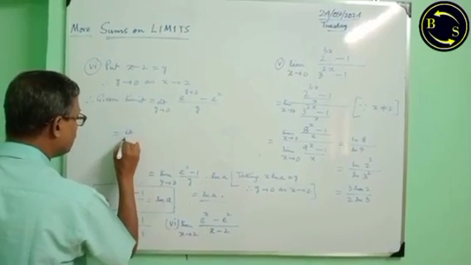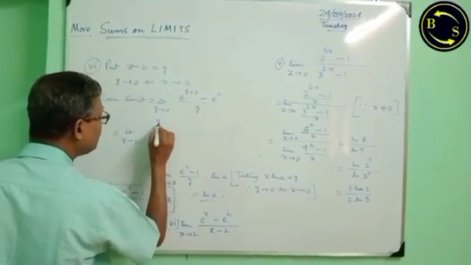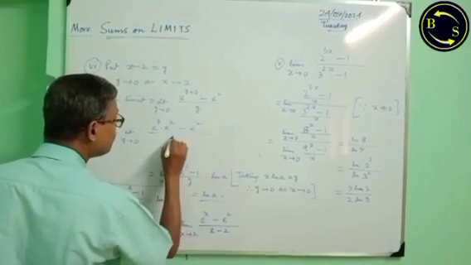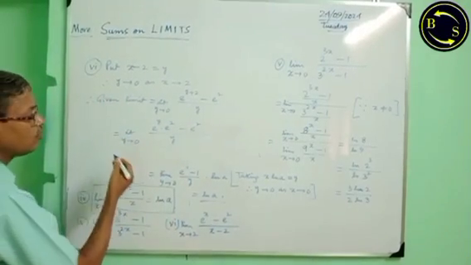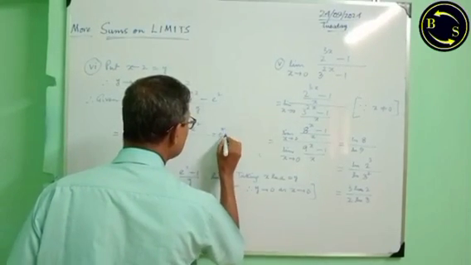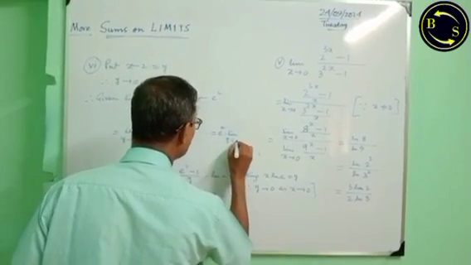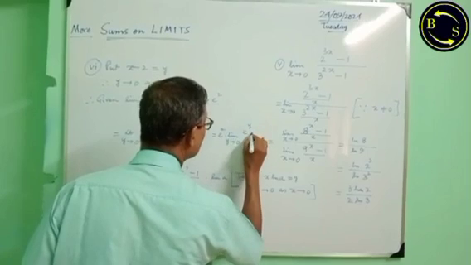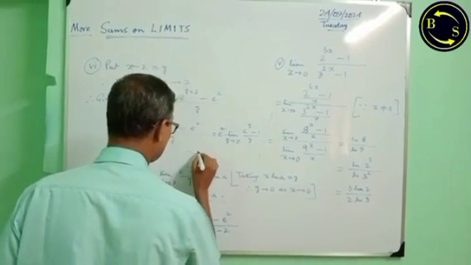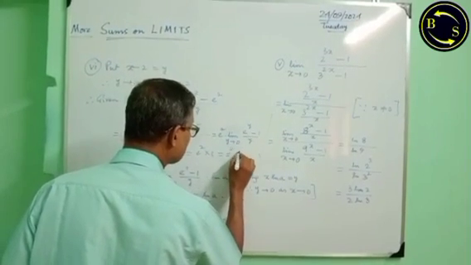Limit y tends to 0, this is e to the power y into e squared minus e squared by y. e squared is the common factor that is taken outside, e squared into limit y tends to 0, e to the power y minus 1 divided by y. Therefore, this is e squared into 1. The result is e squared.